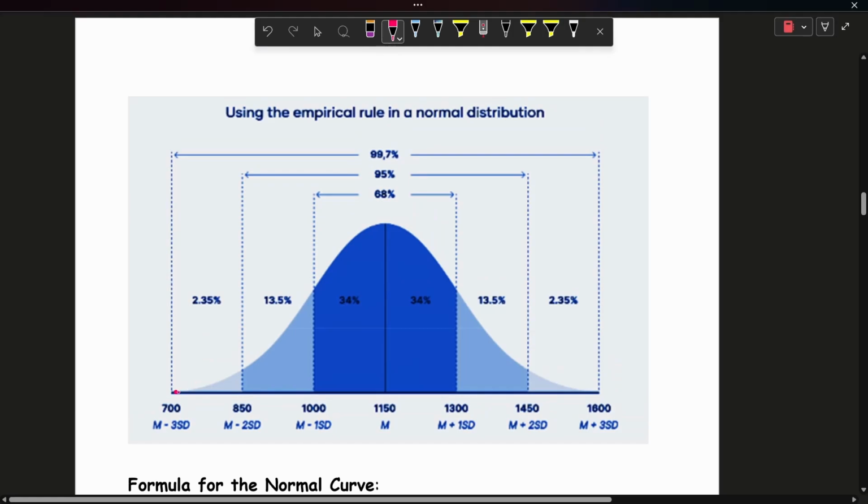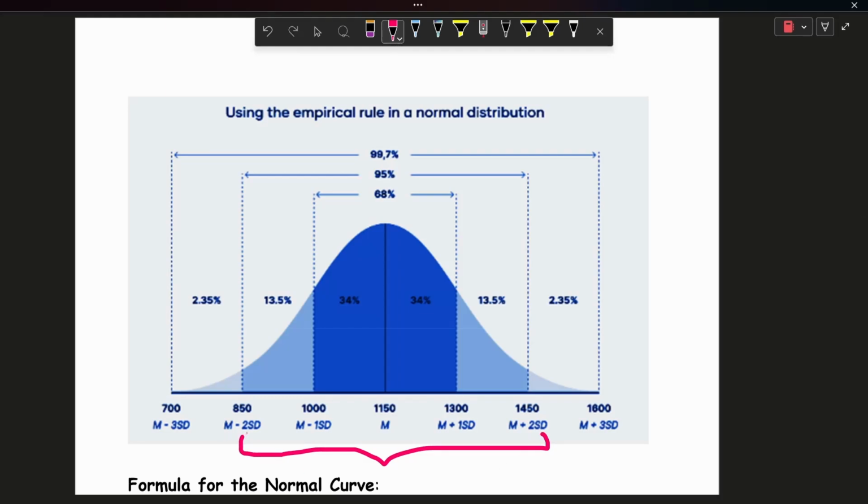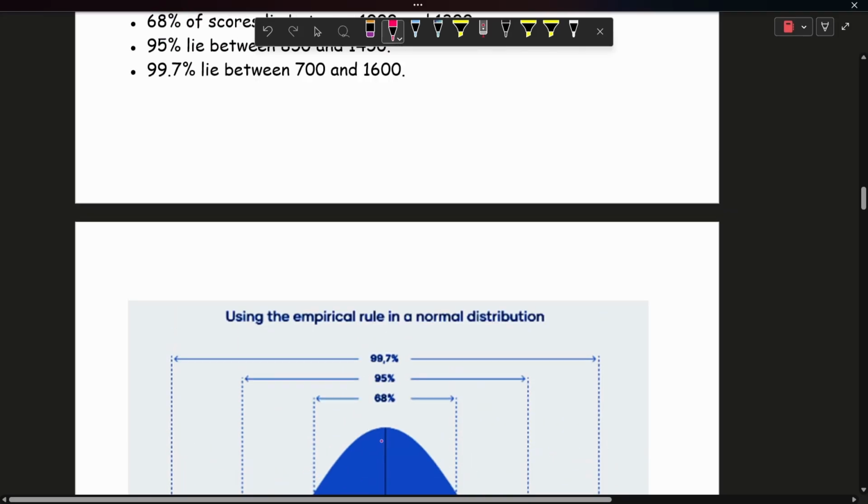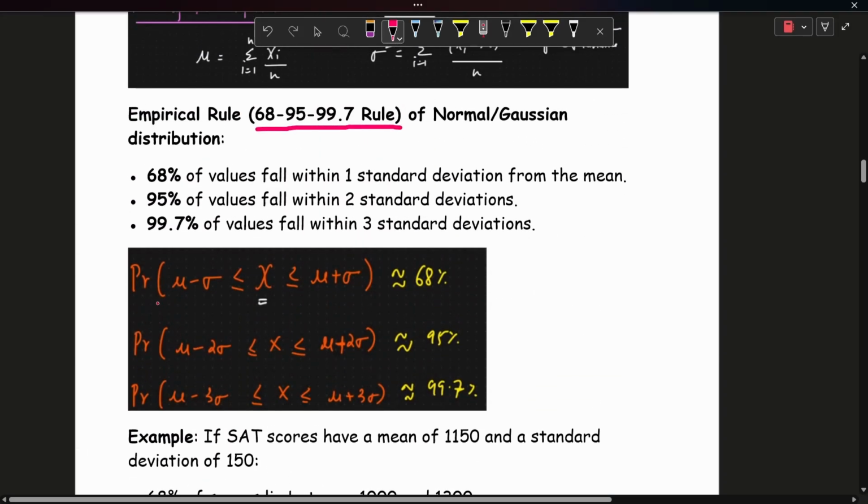So if this is the normal distribution bell curve, from here to here is 68% of the data, and from here to here, 95% of the data falls in between two standard deviations, and 99.7% of the data falls in between three standard deviations. These are the formulas. Within one standard deviation, 68% of the data falls, and within two standard deviations, 95% of the data falls in between this and this.